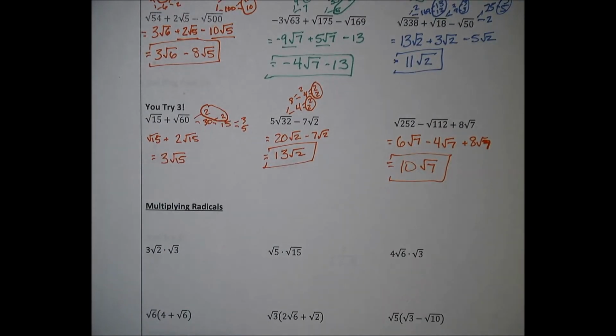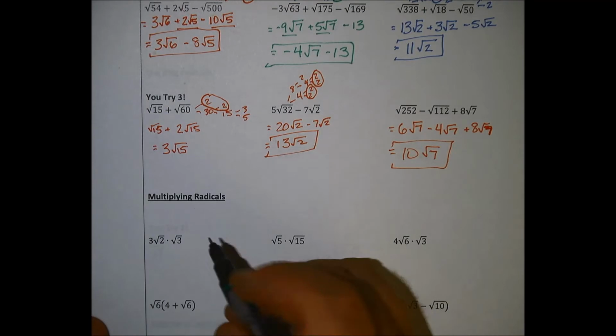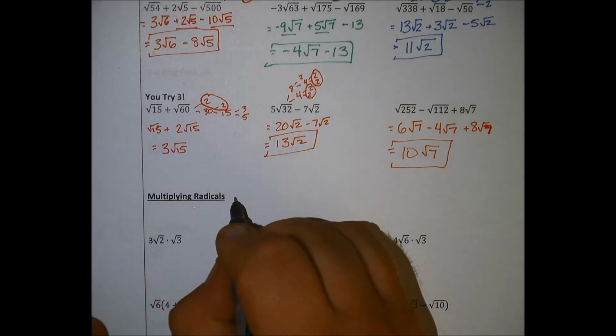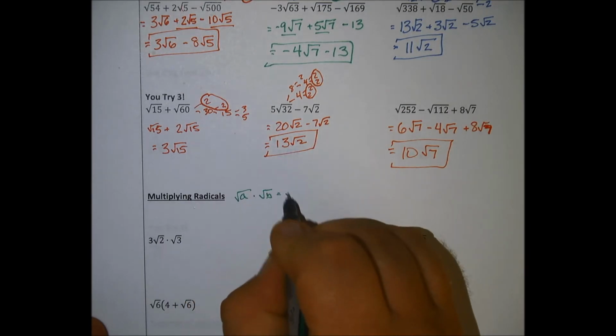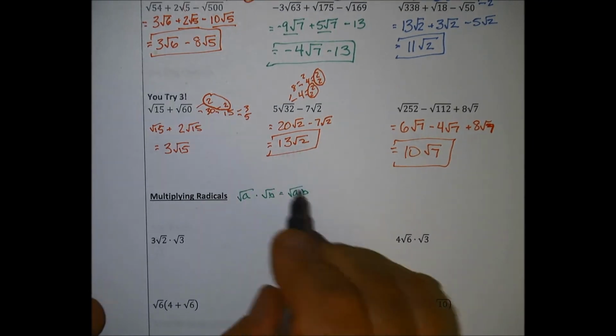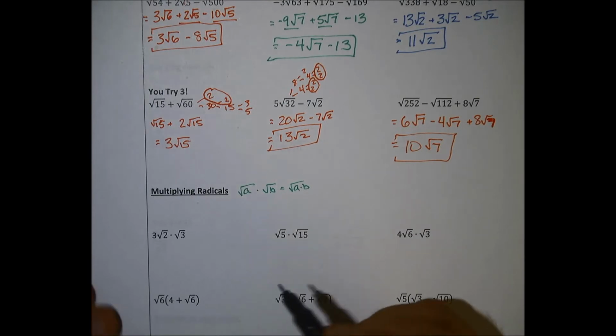Here we're going to be multiplying radicals. Now, we kind of talked about this in the last section, but we did it sort of the opposite way, that if you have 2 square roots, you can multiply them by each other. So like square root of A times square root of B would be the same thing as square root of A times B. Okay? And we're going to be using that fact today throughout these problems of multiplying.